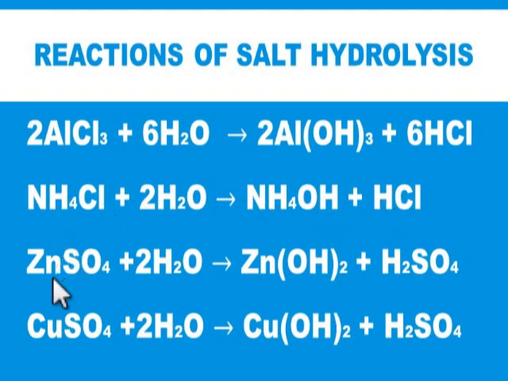The next example is zinc tetraoxosulfate 6, which is a salt. In the presence of water, it forms zinc hydroxide and tetraoxosulfate 6 acid. The last one we have here is copper 2 tetraoxosulfate 6, which is a salt. In the presence of water, it will be hydrolyzed to give you copper 2 hydroxide and tetraoxosulfate 6.